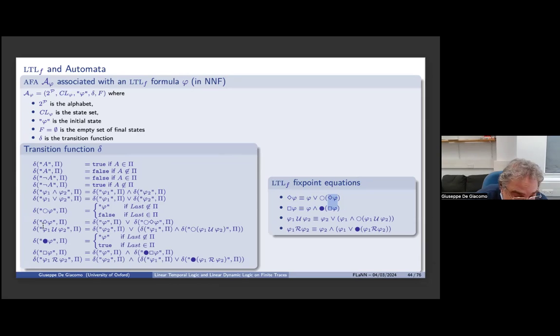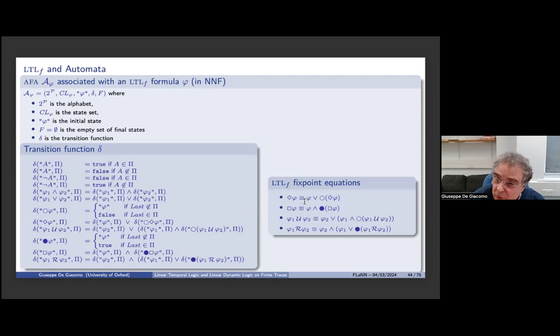And now if you go to the alternating automaton, you see that the alternating automaton is really decomposing eventually phi using the fixed point equation, and says the transition for eventually phi reading the current symbol, the current interpretation, is the transition that you will get, recursively, by looking at the state phi, or the transition that you get by looking at the state next eventually phi.